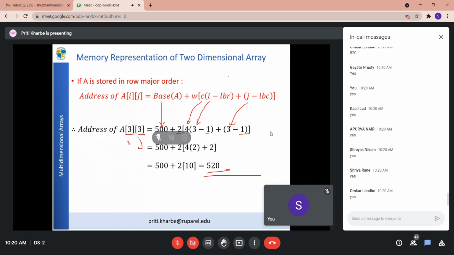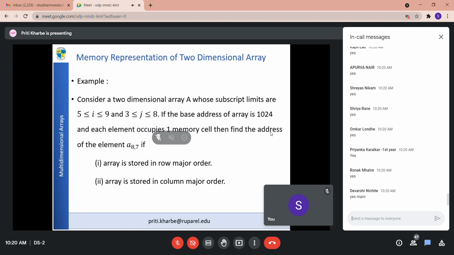Next example you are going to solve. Read the question. Done?